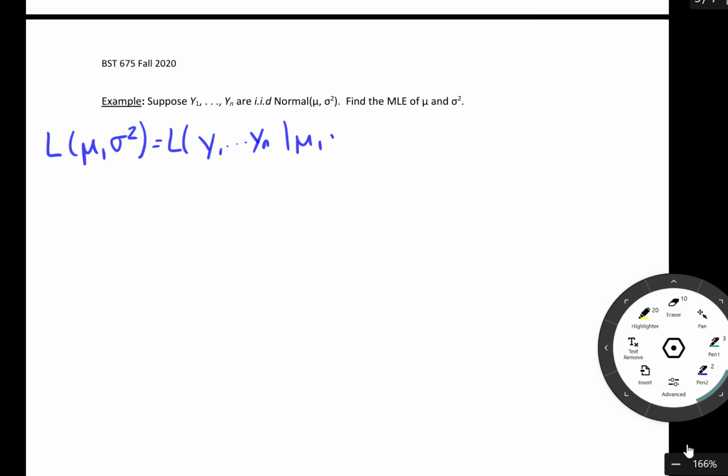Notice this is a case where our likelihood function has two parameters. Remember before we could think of that single theta as being a vector of parameters. So here we would have a vector of two parameters, which are mu and sigma squared.